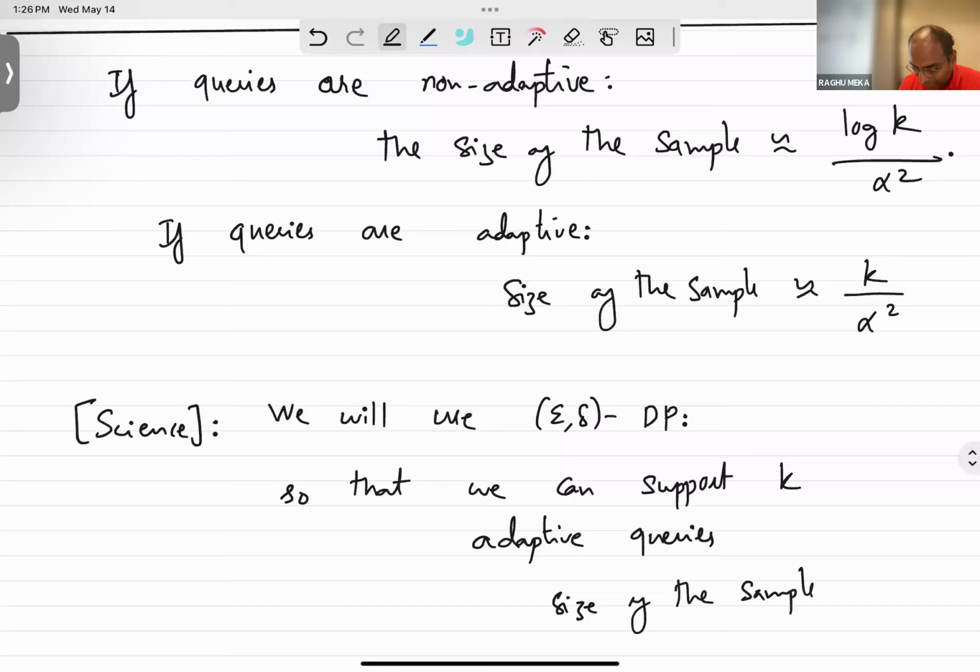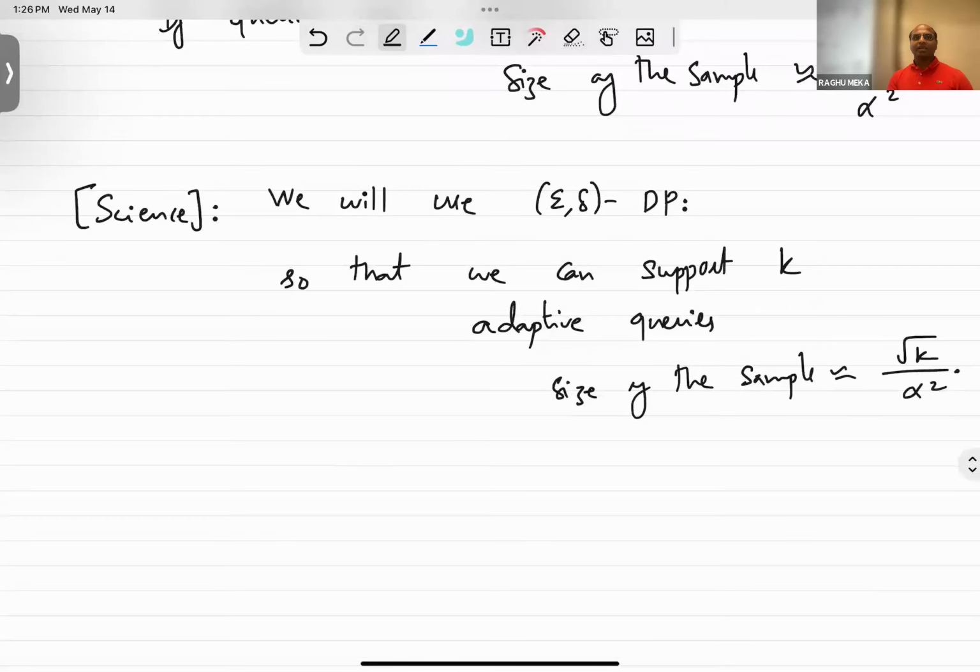The size of the sample is only square root. Okay, it's only square root k over alpha.